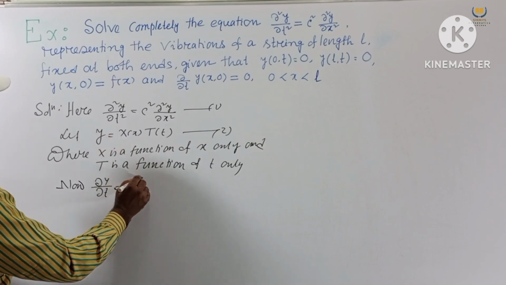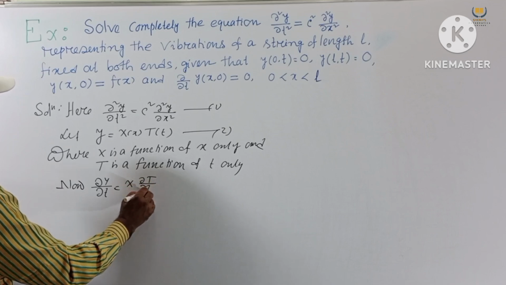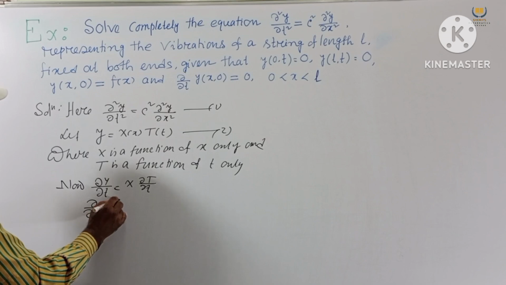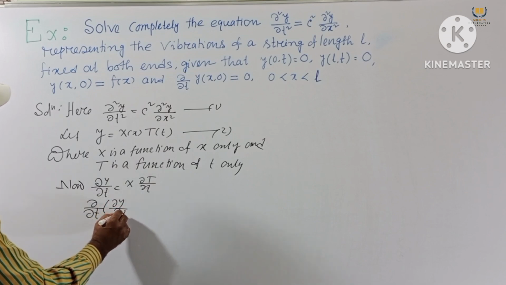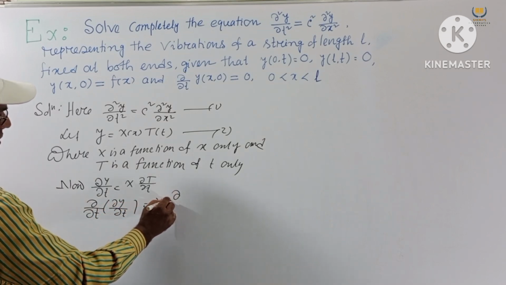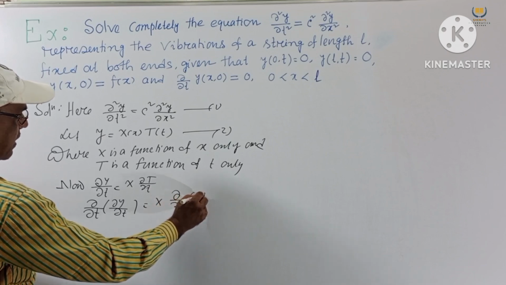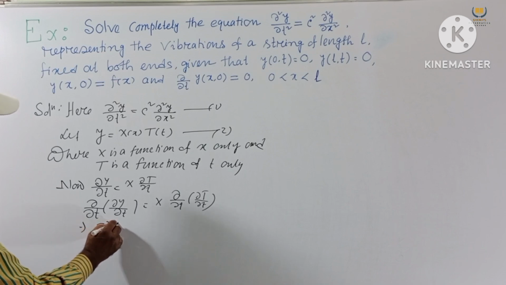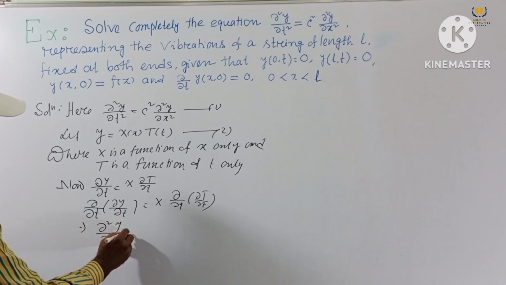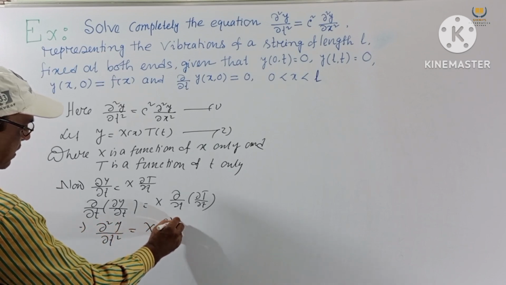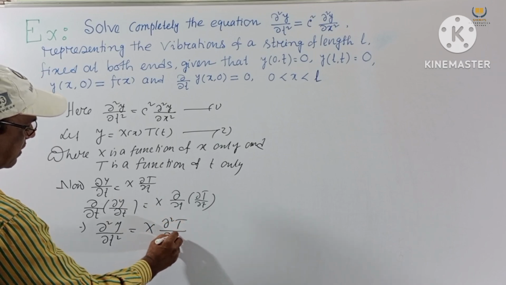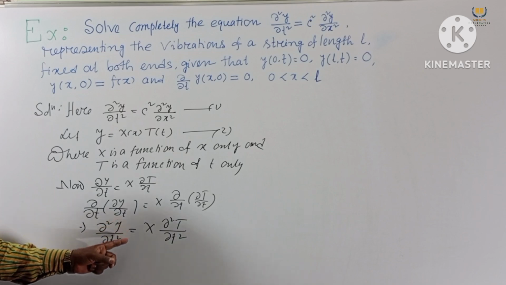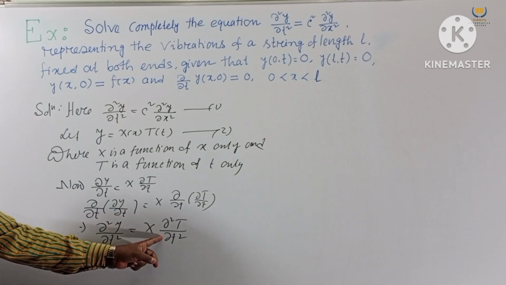We get X ∂T/∂t. Again differentiating on both sides with respect to t, this implies ∂²y/∂t² = X ∂²T/∂t². If we take second order partial differentiation, we get this.